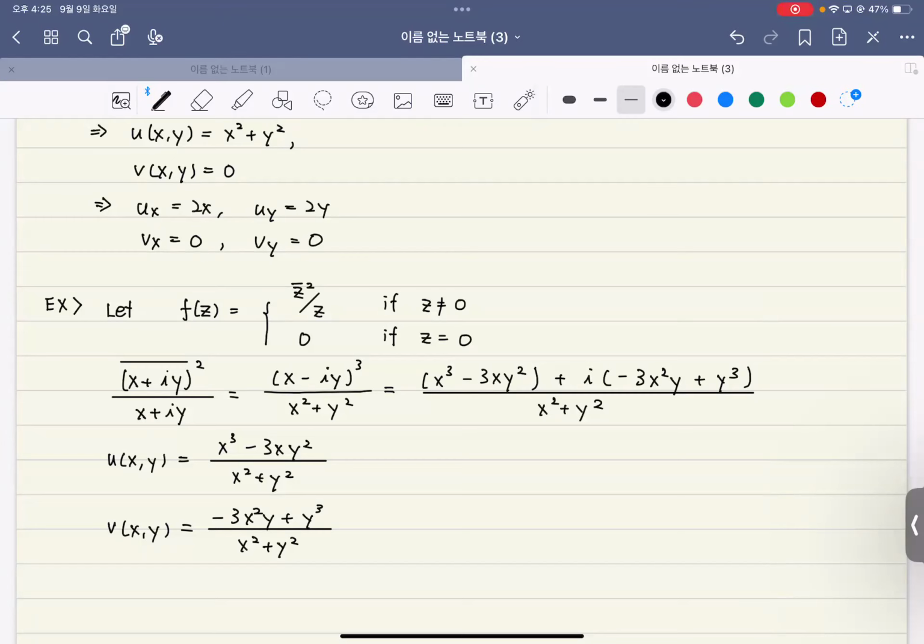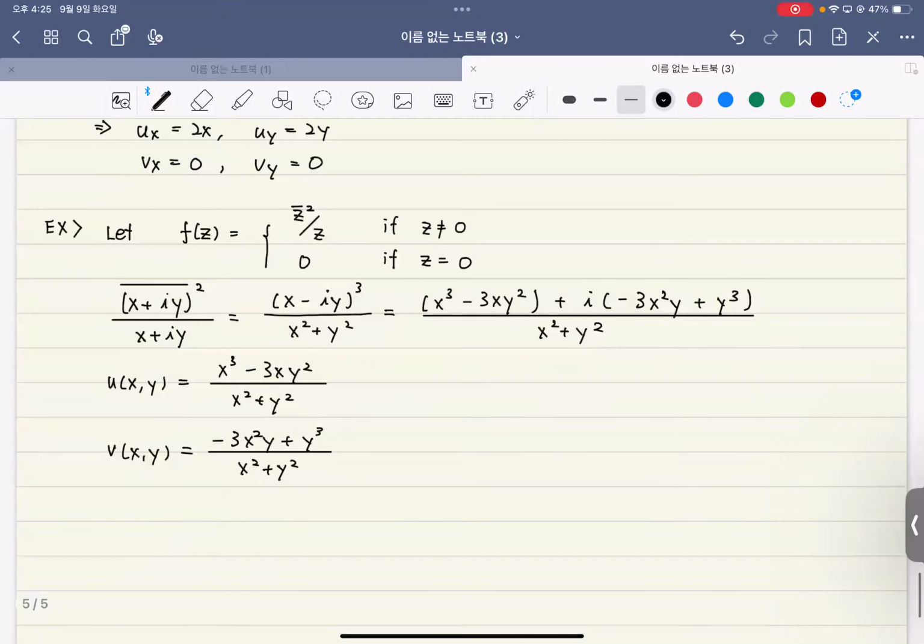So it is easy to see that it satisfies the Cauchy-Riemann equations, but is not differentiable.